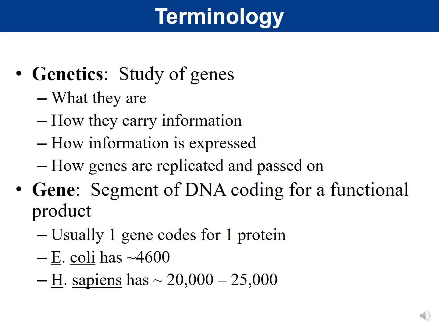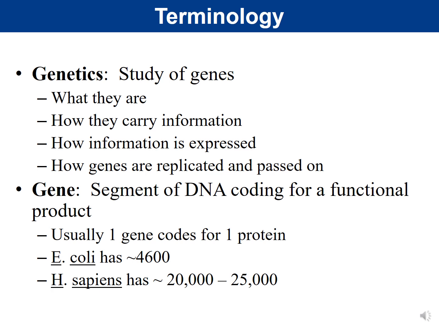And E. coli has about 4,600 genes. This number is constantly changing, and so estimates vary from time to time, but 4,600 is the amount that's listed in a textbook. Homo sapiens, which are humans, have about 20 to 25,000 genes.